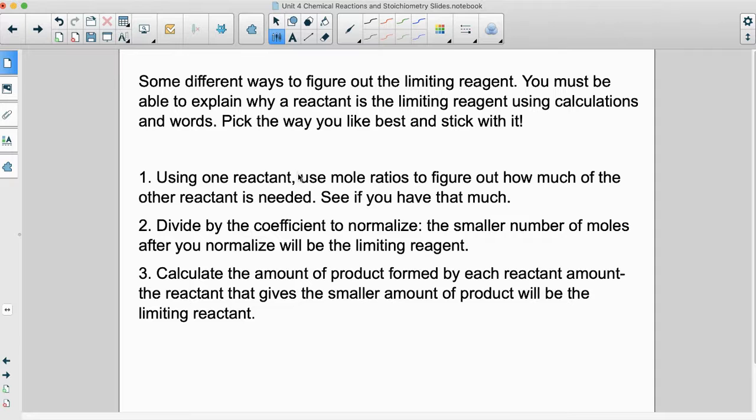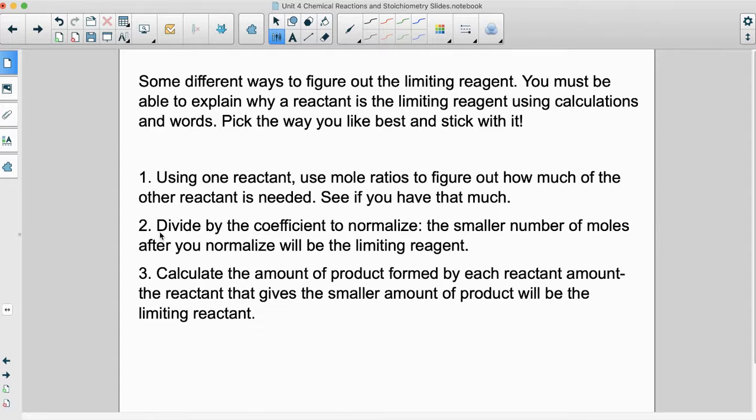The first method, which we've been mostly using, is taking one reactant and using the mole ratios, the ratios in the balanced reaction, to figure out how much of the other reactant is needed and see if you have that much. If you do, then you know that you've chosen the limiting reactant. If you don't have enough of the other reactant, you know that is the limiting reactant.